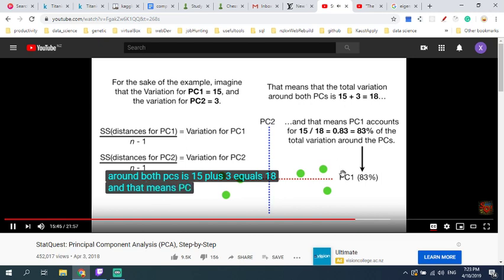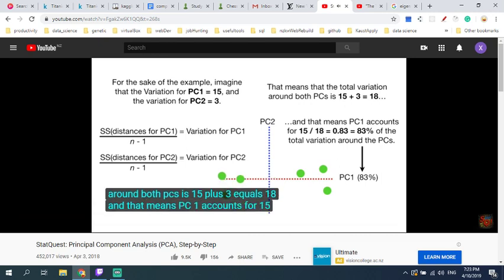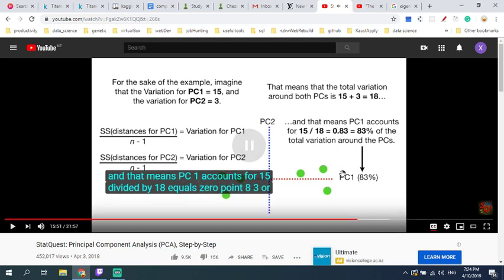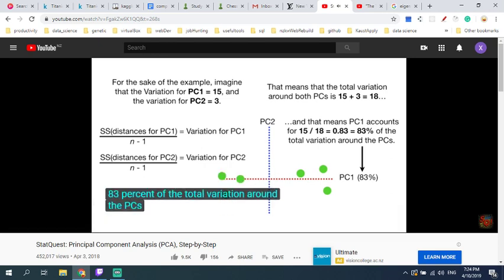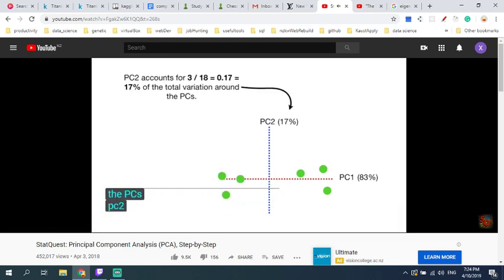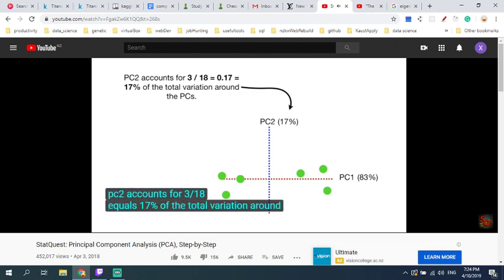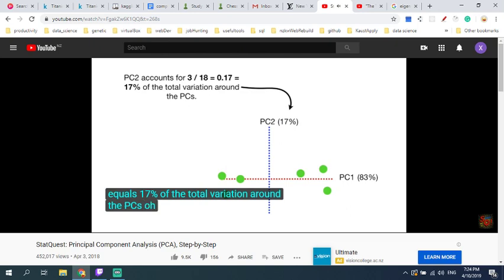And that means PC1 accounts for 15 divided by 18 equals 0.83, or 83% of the total variation around the PCs. PC2 accounts for 3 divided by 18 equals 17% of the total variation around the PCs.